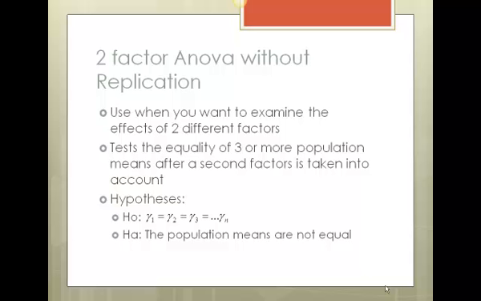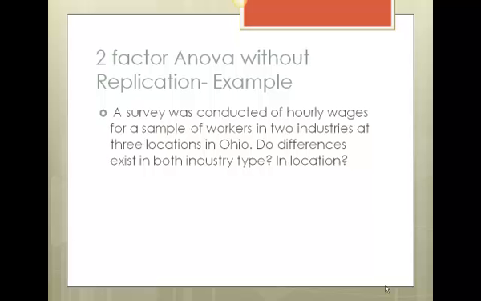But here, we're taking two things into account. So two different factors. So let's look at an example. A survey was conducted of hourly wages for a sample of workers in 2 industries in 3 locations in Ohio. Do differences exist in both industry type and in location?